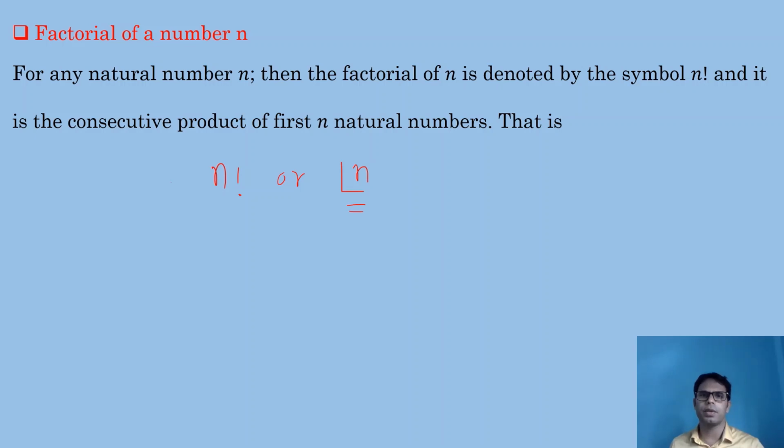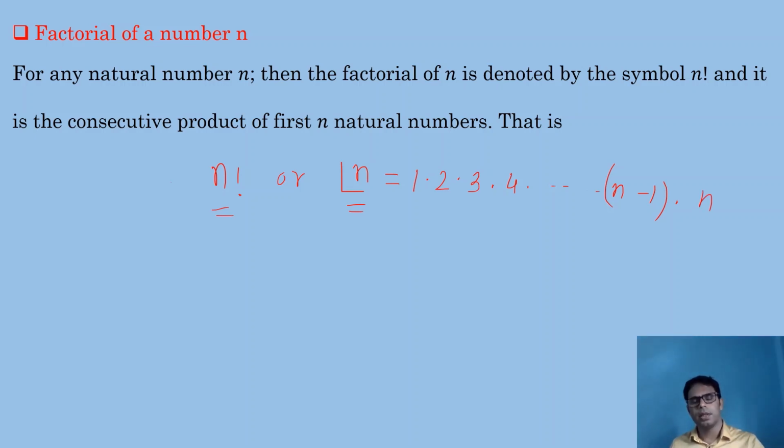So this is the factorial symbol, and it is the continuous product of the first n natural numbers. That means factorial of n will be equal to 1 into 2 into 3 into 4 into and so on, then n minus 1 and then into n. So this is the definition of factorial.